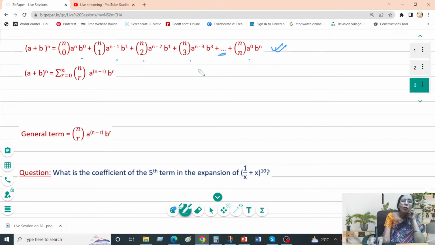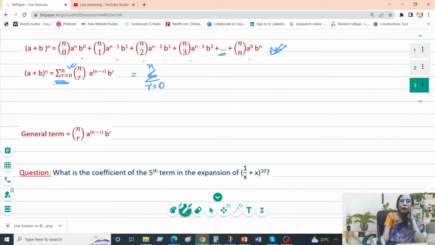So, instead of writing such a long expression, the same thing can be written using this sigma notation. Actually, this should be written in this form. In the typing way, I could not get them in this way. r equal to 0 should be below, and r equal to n or simply n should be above the sigma notation.